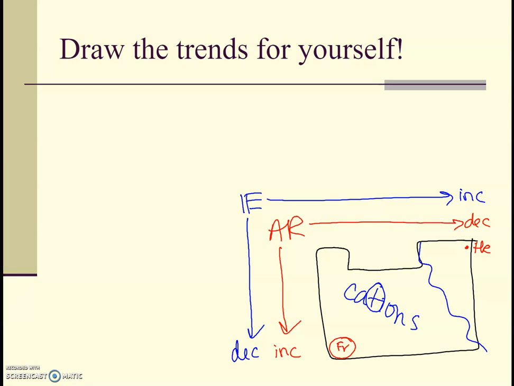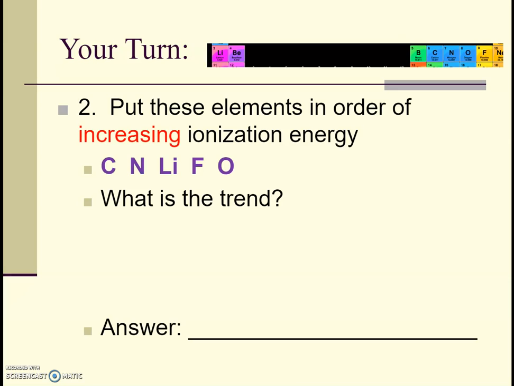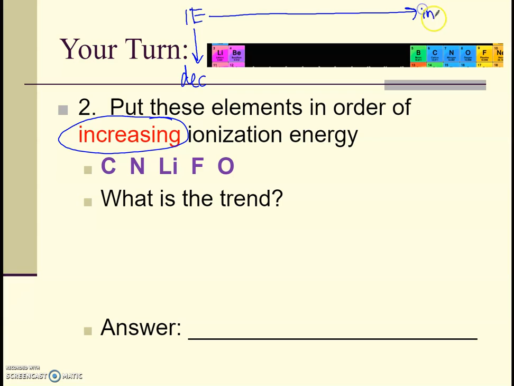Okay? So let's take a look at our elements and put them in the correct order. Put these elements that we used in the other video in increasing ionization energy. So again, ionization energy as we travel down is going to decrease. As we travel across it is going to increase.